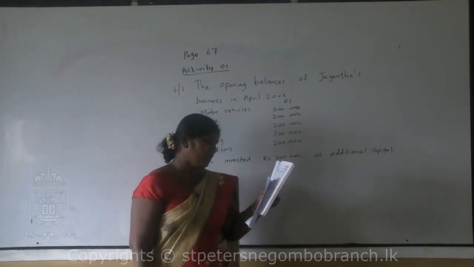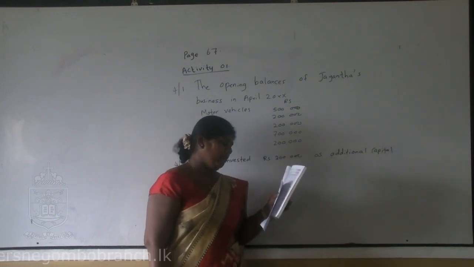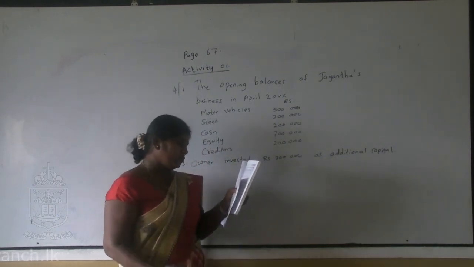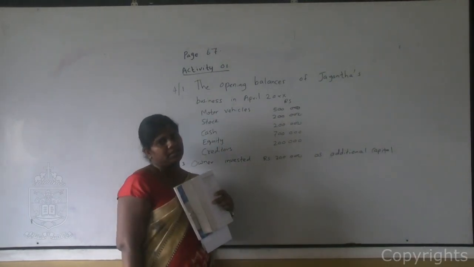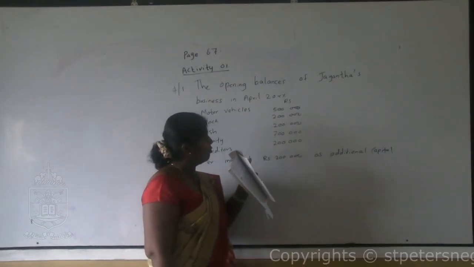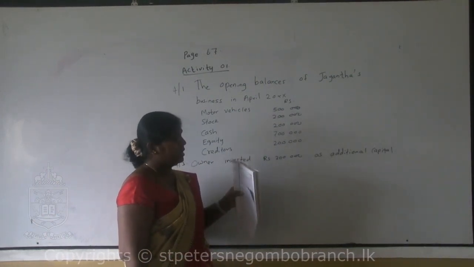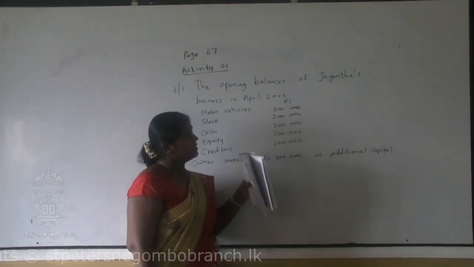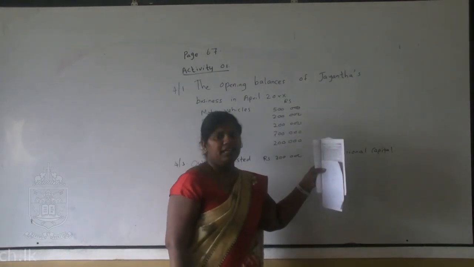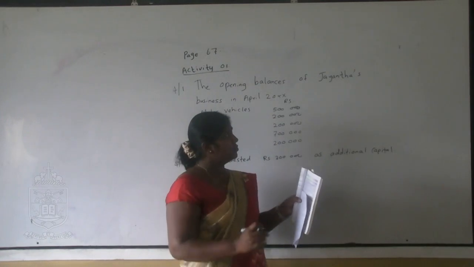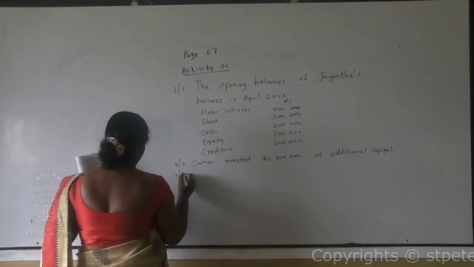So the transaction will be purchase of goods worth 100,000 on credit basis. It is not on cash basis. If he purchased that amount of goods on cash basis, cash would decrease. But instead of cash decreasing, you have been given an increase in creditors. So you should write that transaction according to the date.